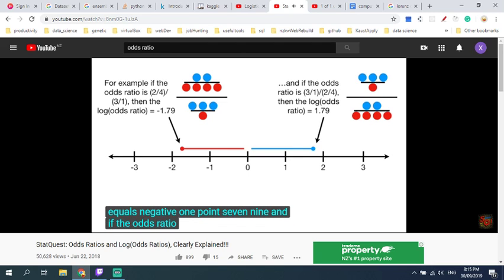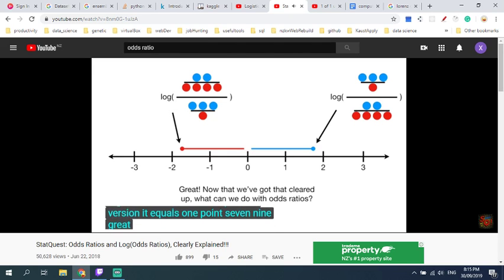And if the odds ratio is the opposite, it's 3 to 1 over 2 to 4, then the log of the odds ratio is the positive version. It equals 1.79.